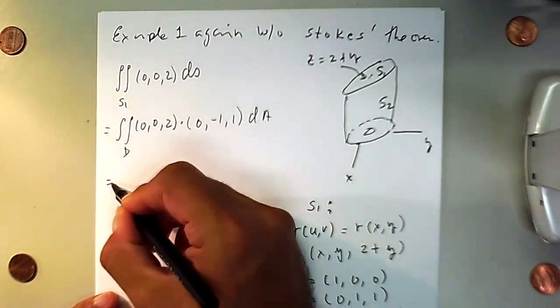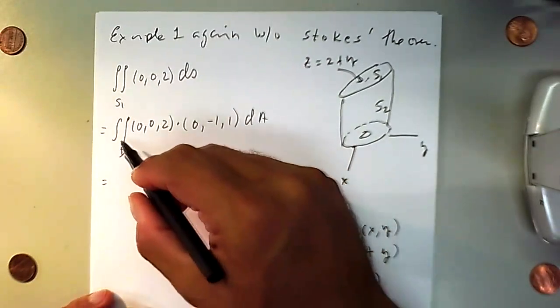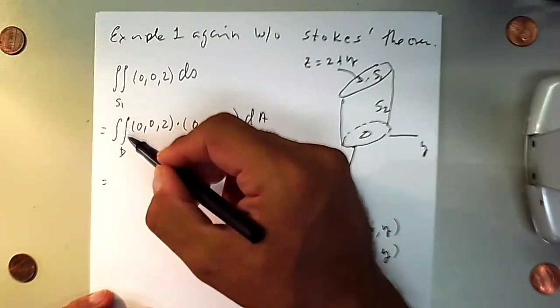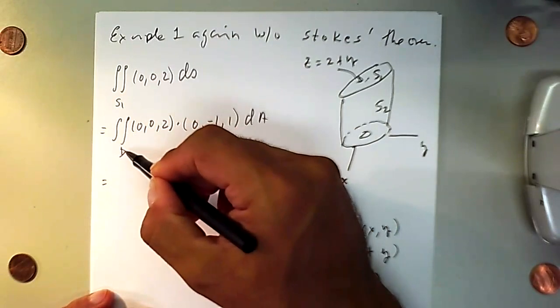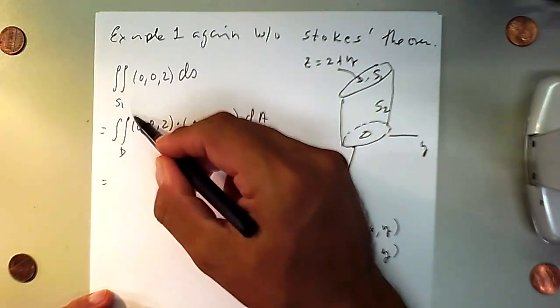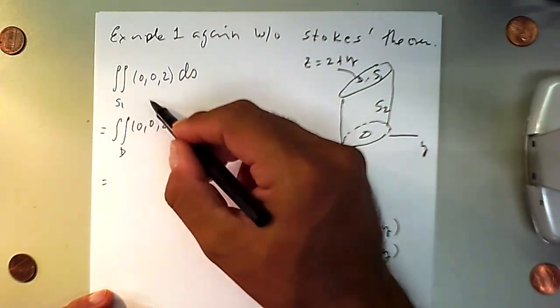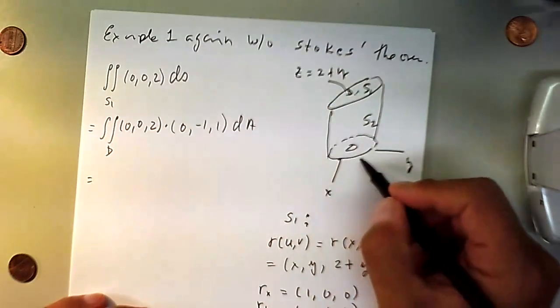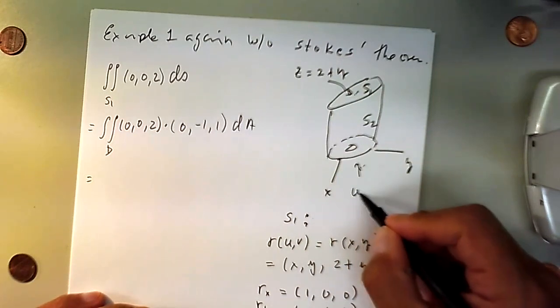So technically speaking, we would have to go from negative 1 to 1, from negative square root of 1 minus x squared to the positive square root of 1 minus x squared. Yeah, this is still the unit circle.